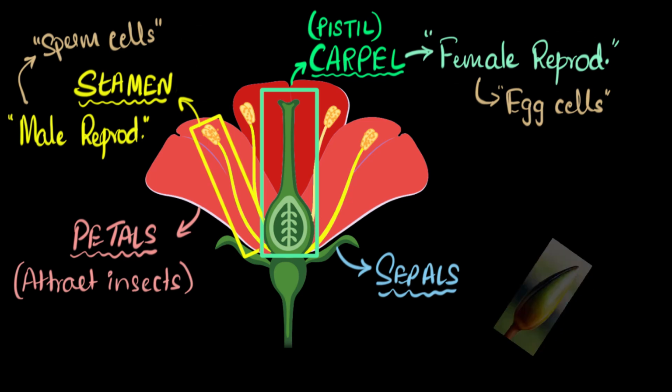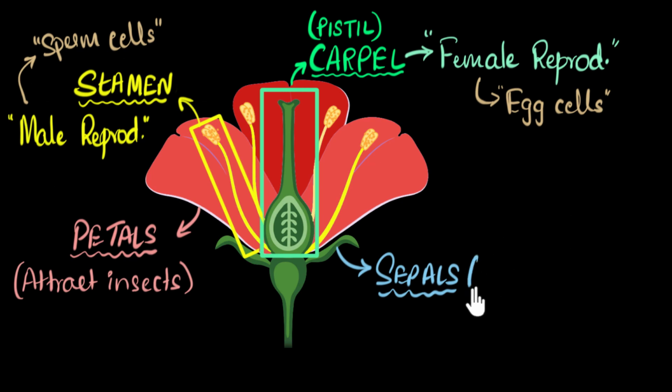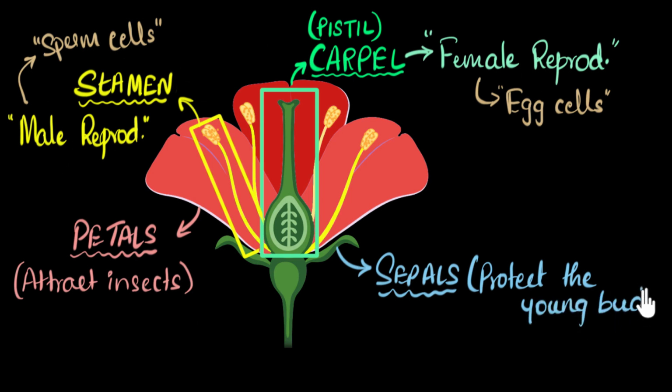So the main job of the sepal was to protect the young flower, I would say. The young bud. Of course, now that the flower has blossomed, its job is done, but nevertheless, it did play an important role in its life.